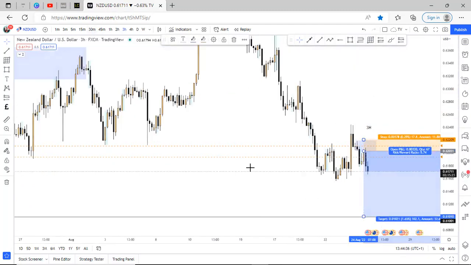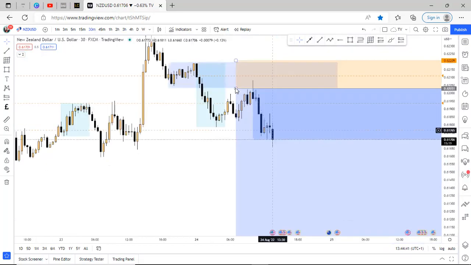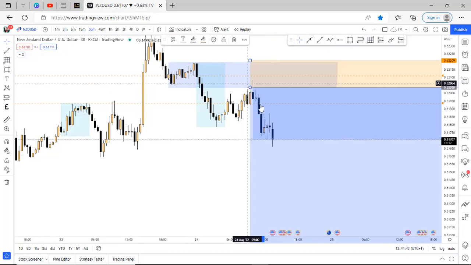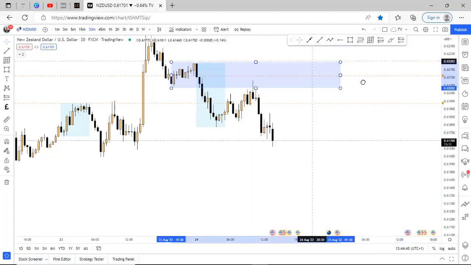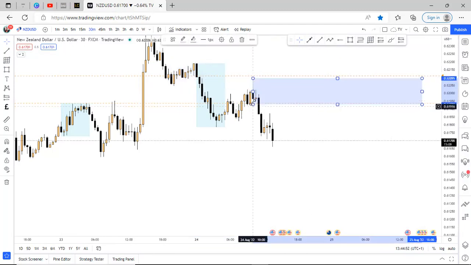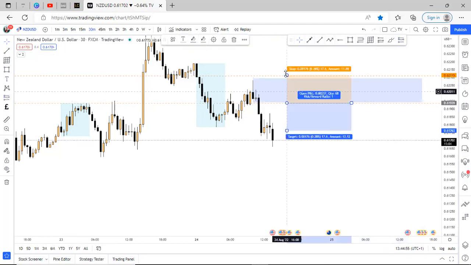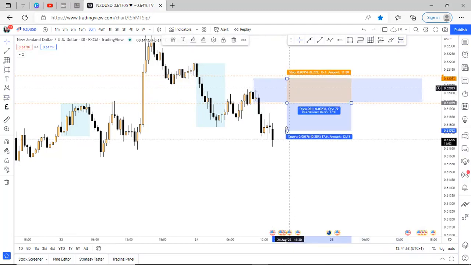I'm still hoping for a retracement. As you can see, I had this alert set right here, and I was hoping price would come back into this supply zone so I can get into a sell trade on NZD USD, I think before the New York session.